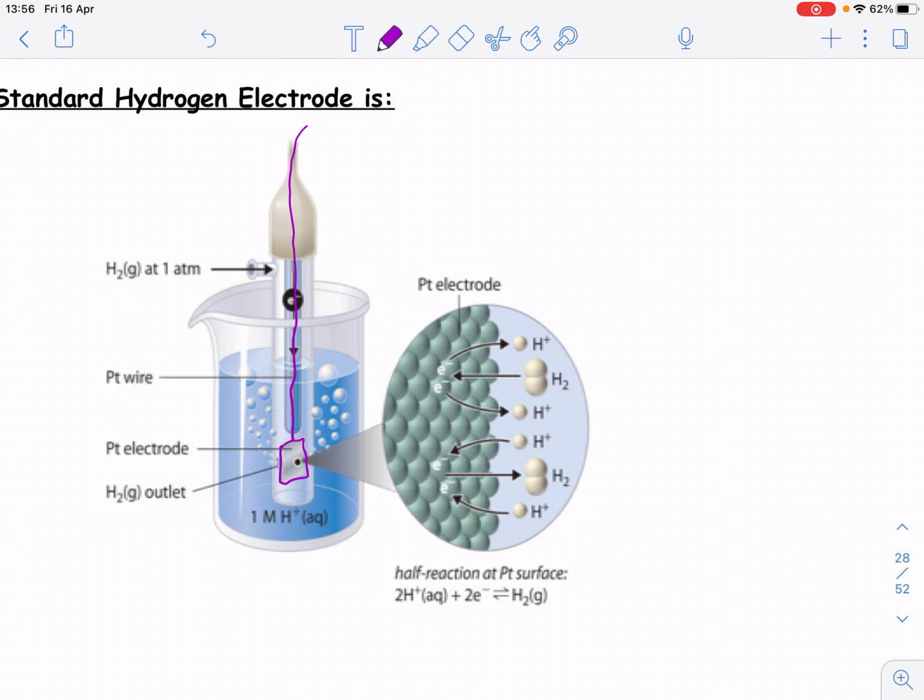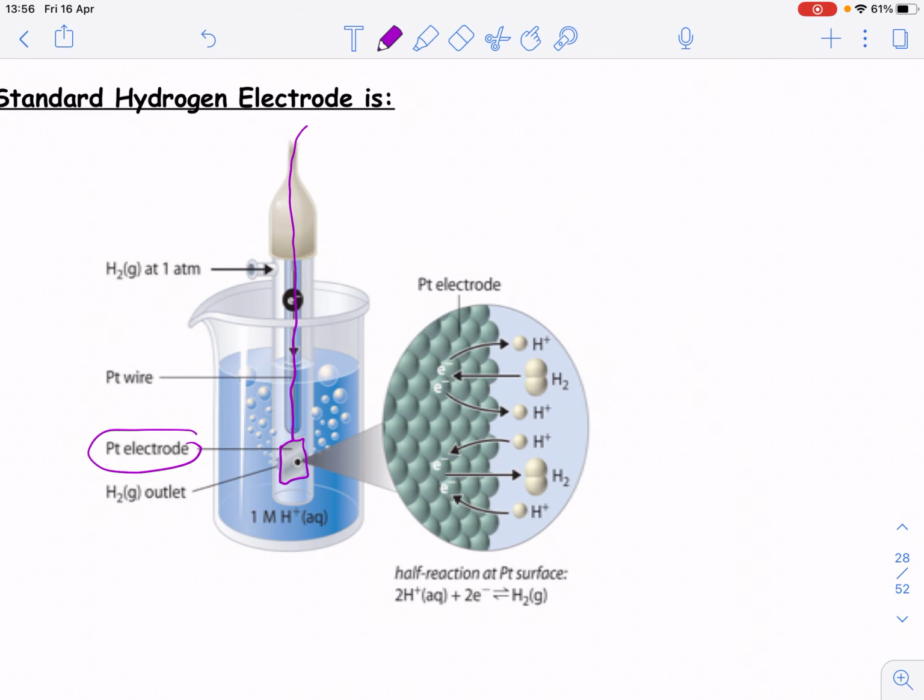So platinum absorbs hydrogen really well and has a porous surface that hydrogen gas can absorb onto, and it's very unreactive itself. So the platinum doesn't actually take part in the reaction, but it acts as a surface upon which the hydrogen or the hydrogen ions can react. But you do need to know that it's made out of platinum. So the hydrogen electrode contains a platinum electrode.